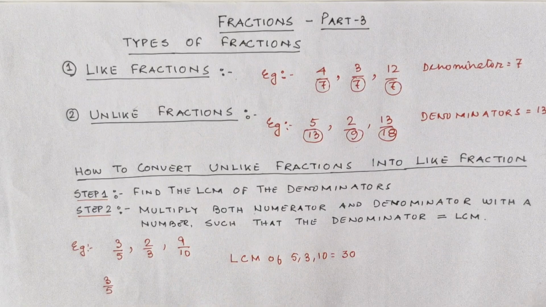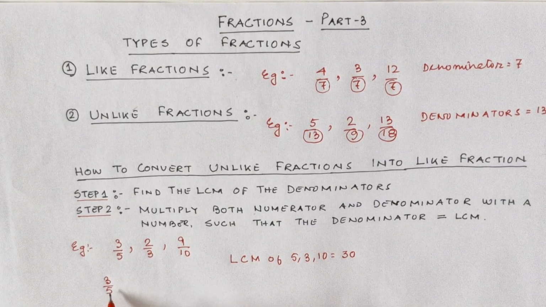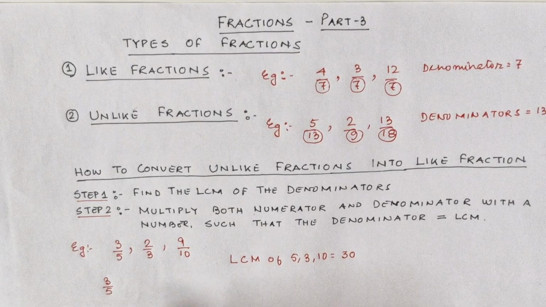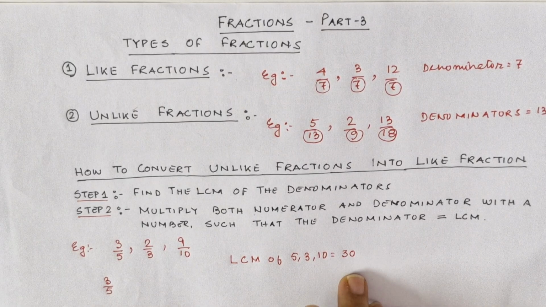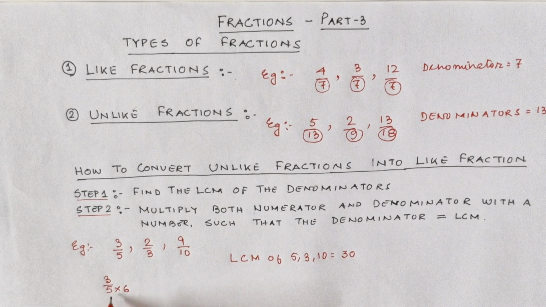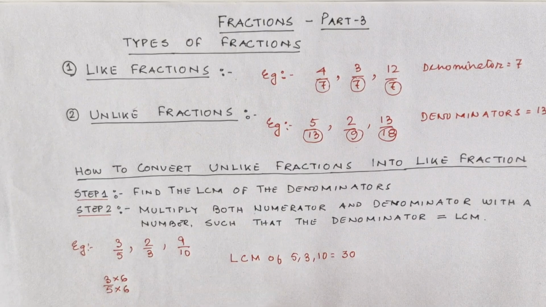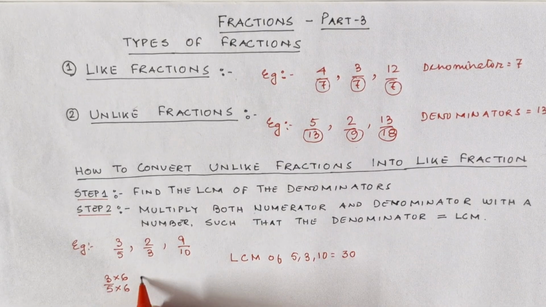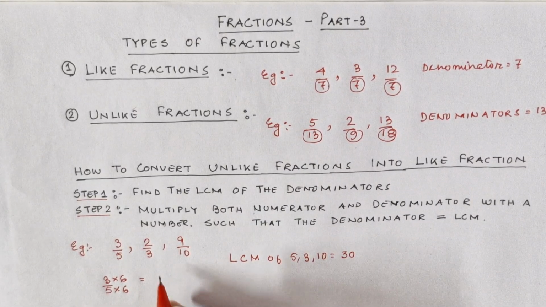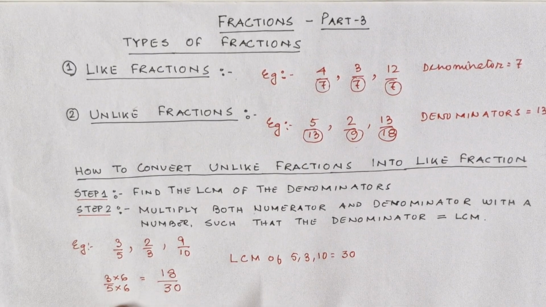I need to multiply the denominator by such a number that it becomes the LCM. The LCM is 30. How can I make 5 into 30? If I multiply by 6. When I multiply this by 6, it becomes 30. So I need to multiply the numerator also by 6. Got it? So 18 by 30. This is the first one.